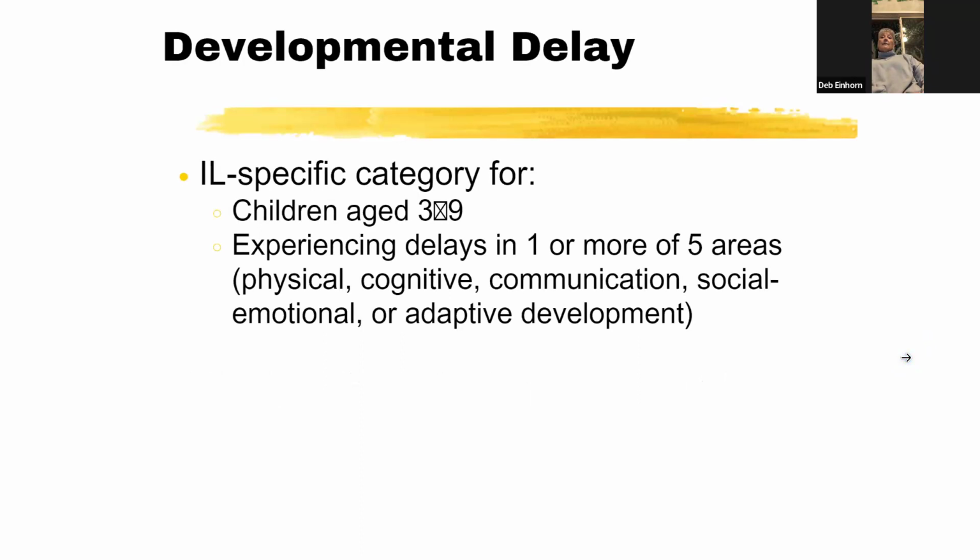So if they have delays in any of those 5 areas, but we don't have reason to think they might have an intellectual impairment, they can qualify for an individualized education program under this category of developmental delay.